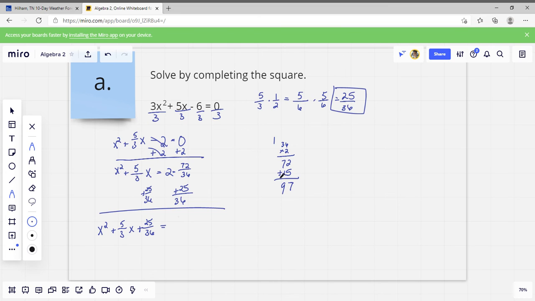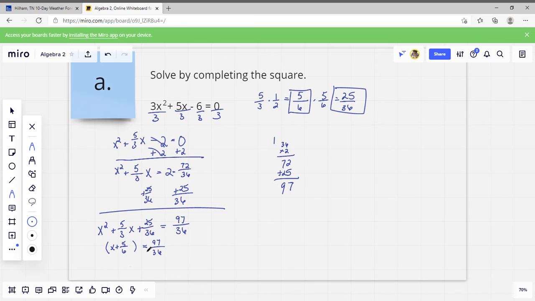And we get 97 over 36. Okay, now we can turn that into a square. So it's going to be (x plus 5/6) squared. Because if we said 5/6 plus 5/6, we would get 5/3. And if we said 5/6 times 5/6, we would get 25 over 36. And that equals 97 over 36.